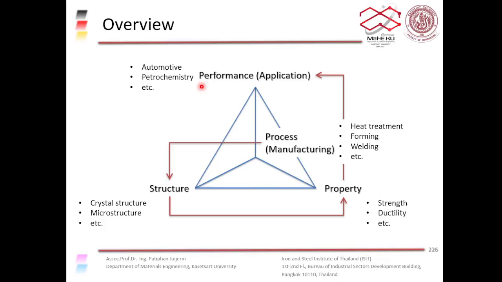But if you want the performance to be better, in other words, you don't want creep to happen, you have to think about what sort of structures we can achieve that. Right? So we have to understand how creep occurs and what sort of property can resist creep. And one of the properties that can resist creep is the high strength at high temperature.